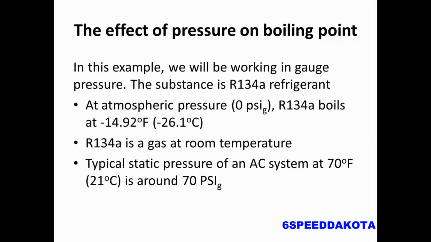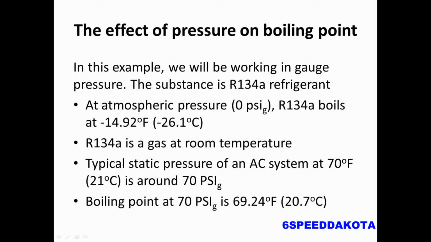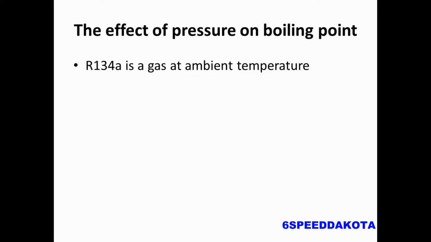The typical static pressure of an AC system at 70 degrees Fahrenheit or 21 degrees Celsius is around 70 psi gauge. So the boiling point at 70 psi is 69.24 degrees Fahrenheit or 20.7 degrees Celsius. Sorry, my mistake. R134A is a gas at ambient temperature when the AC system is properly charged.